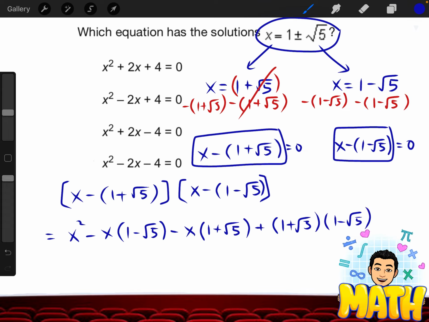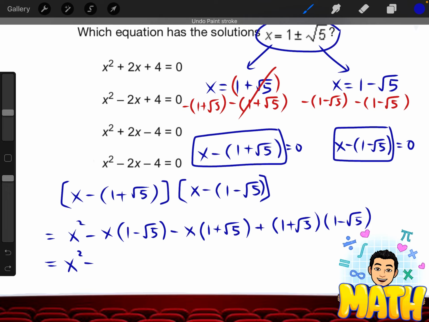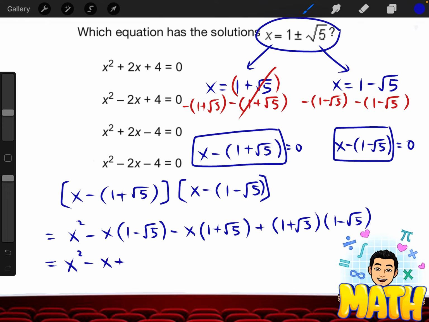Okay, so it gets a little crazy here, but just stay with me real quick. So x squared minus, and then you can distribute the x. Okay, so that's going to be x plus x rad5. Distribute the negative x, so this is going to give you negative x minus x rad5.